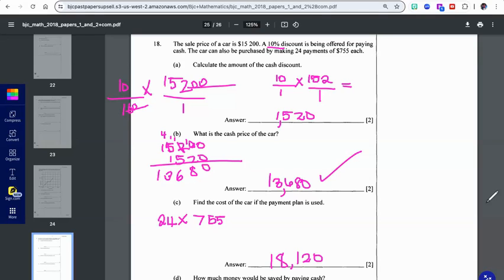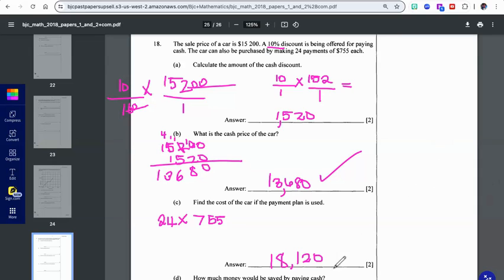So now, how much would be saved by paying cash? Remember, the savings is what? Hire purchase, subtract cash price. Okay, good. I see Empress, Thomas, and James.